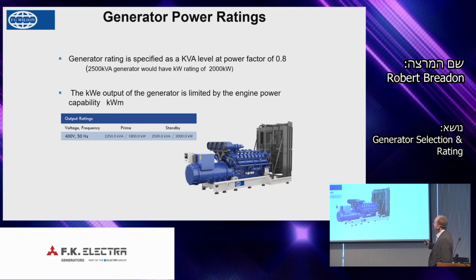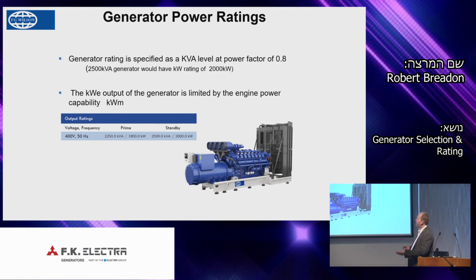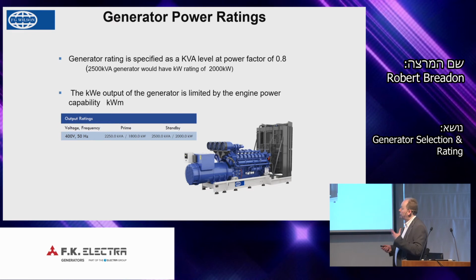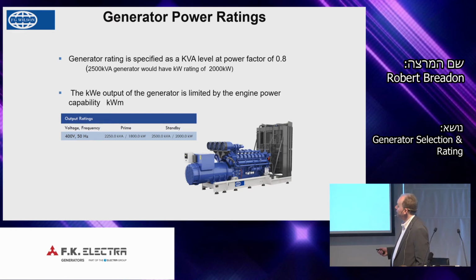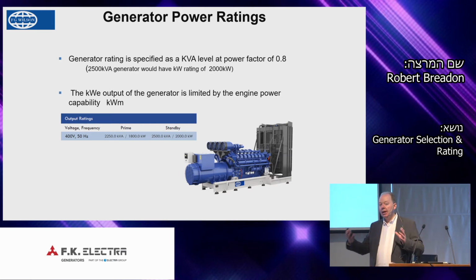So the key thing is the power of the machine is limited by the engine power. In the 50 hertz generator world, we rate everything in kVA at 0.8 power factor. So in this case, the 2250 kVA machine will provide 1,800 kilowatts. The 0.8 power factor is just a standard that's used.